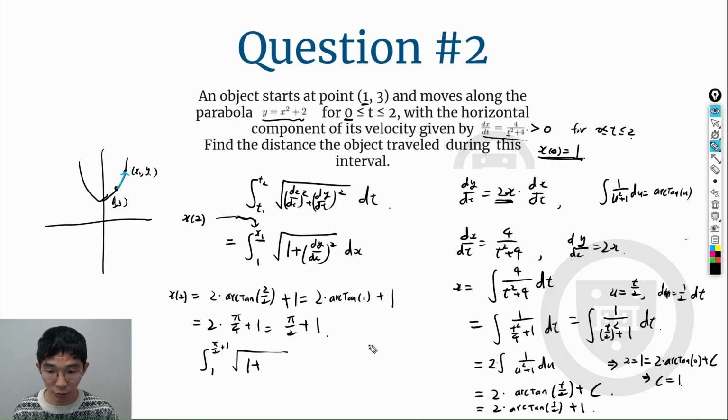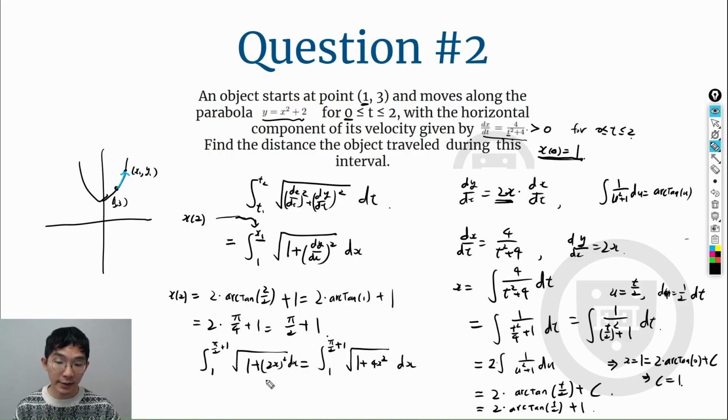So it's (2x) squared, which gives us the integral from 1 to pi over 2 plus 1 of the square root of 1 plus 4x squared dx. And this is what we can punch into a calculator. And that gives us about 5.84.